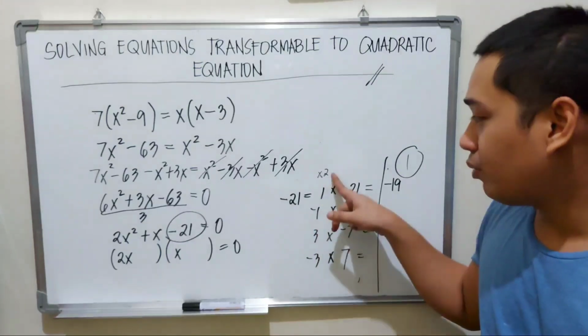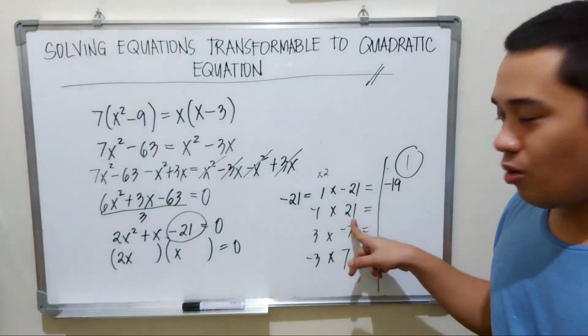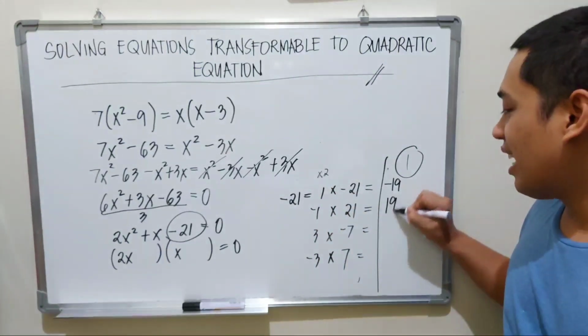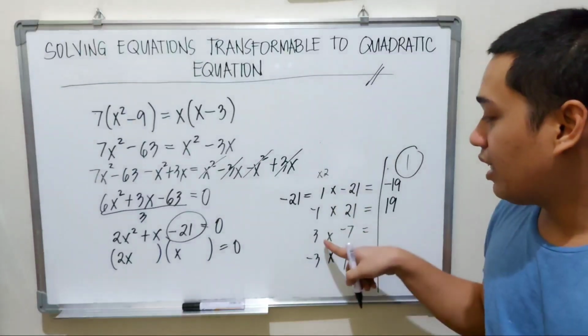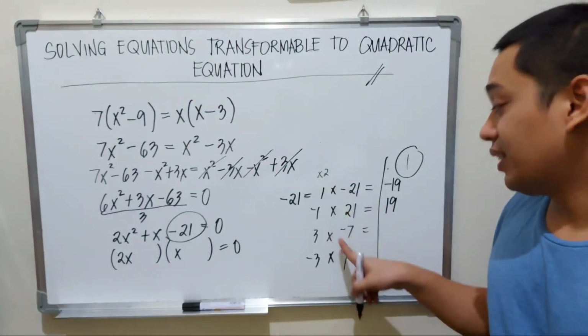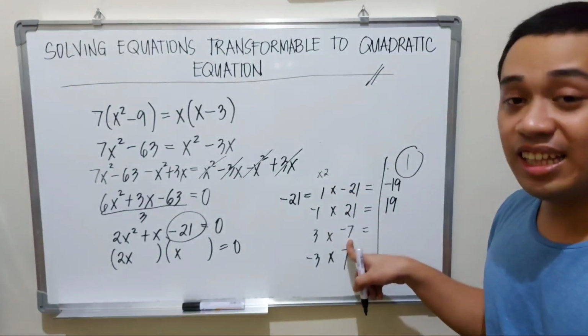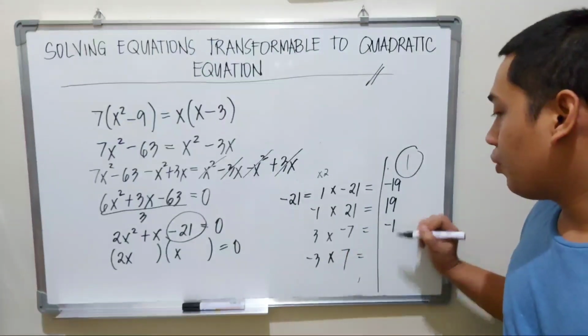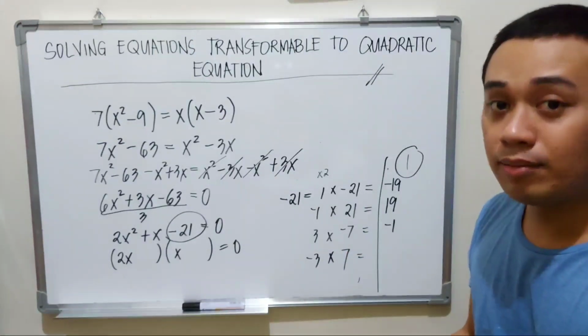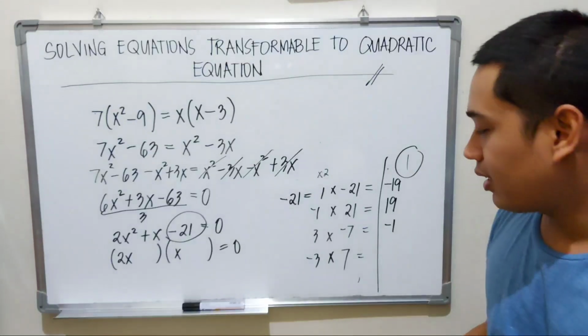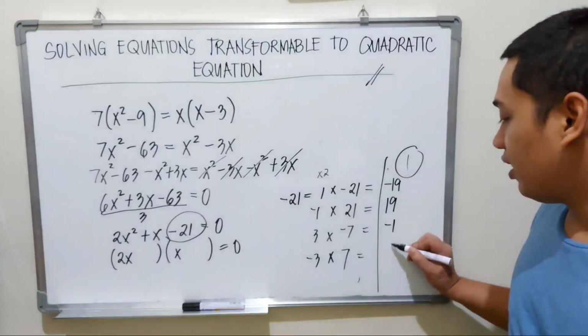Negative 1 times 2 plus 21, diba po 19 na yan. Then, 3 times 2, 6 plus negative 7, negative 1. And 2 times negative 3 is negative 6 plus 7 is 1.